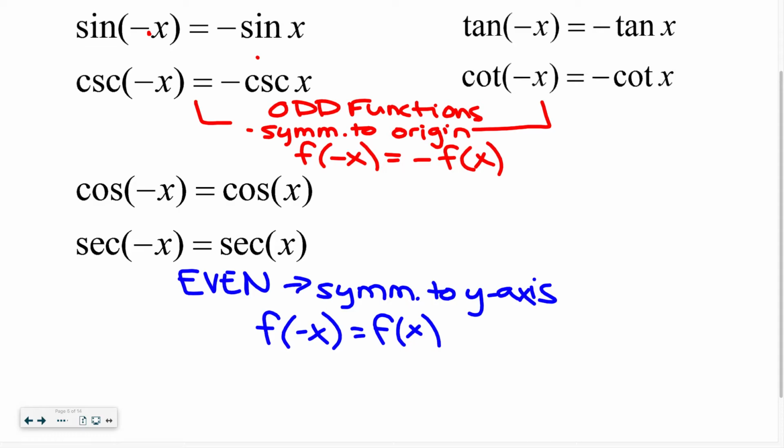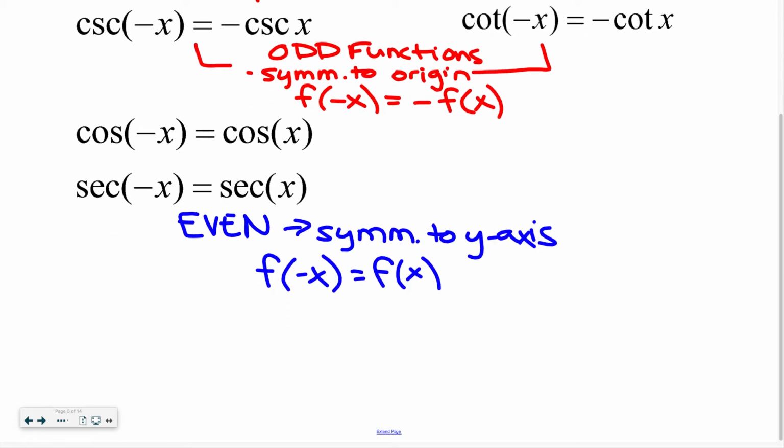So it doesn't equal the negative, it equals the original. Okay, so these might show up on your homework. It is possible that somewhere there would be a cosine of negative x. And the thing here is just use the even odd function. Either it is a negative cosine x or a positive. Well, it's going to be positive, right? So you just have to decide whether it's an even or an odd function.